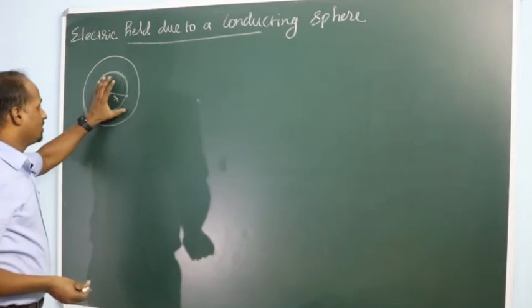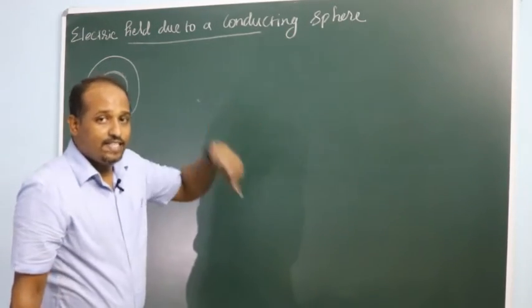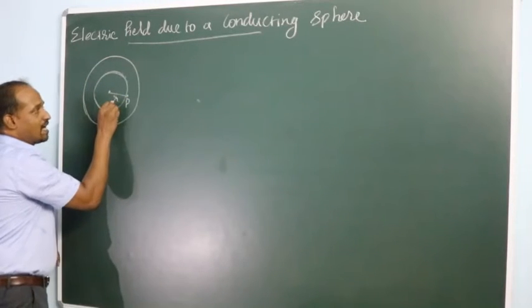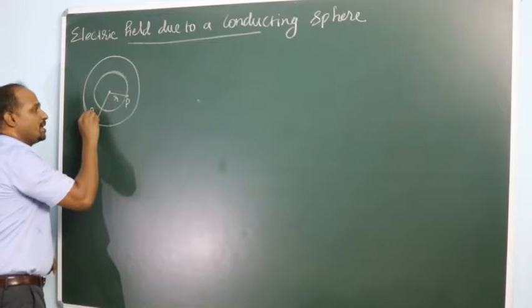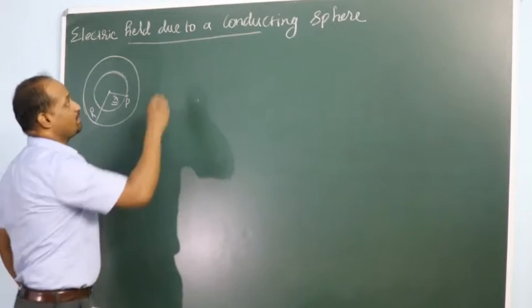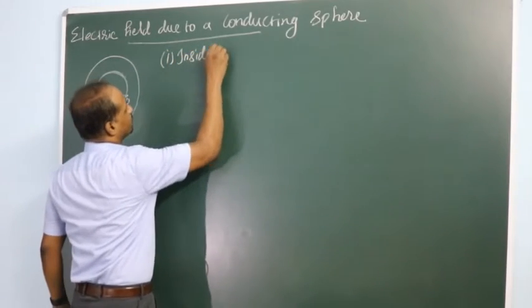So for the Gaussian surface, the first point is you are going to find the electric field inside a conducting sphere. So you consider a point P at a distance r. Suppose the radius of the sphere is capital R, this distance r will be less than the radius of the sphere. First point is inside the conducting sphere.